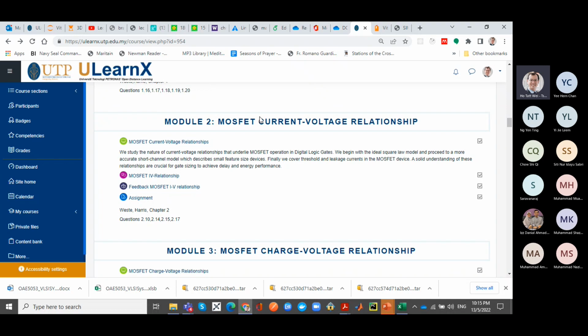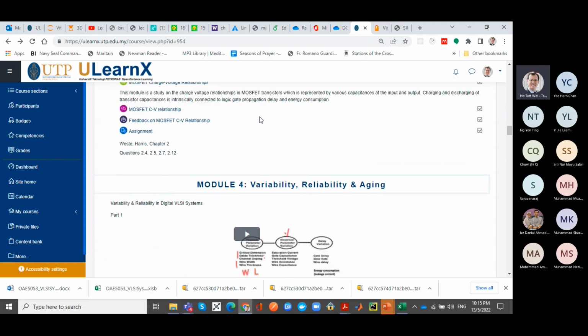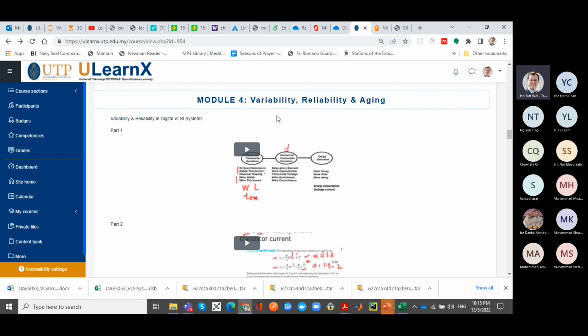How many percent variation will lead to how many percent variation in current and therefore in speed, right? So it will give you a direct relationship, a way to estimate in a quantitative way how process variation matters. Process variation means although you wanted a transistor with a certain threshold voltage, a certain length, certain dimension, it actually didn't get fabricated that way because of the variations in the process. You should be able to quantitatively estimate what is the impact of this variation on the speed of the transistor, the degradation of that logic chain, that logic path, right?